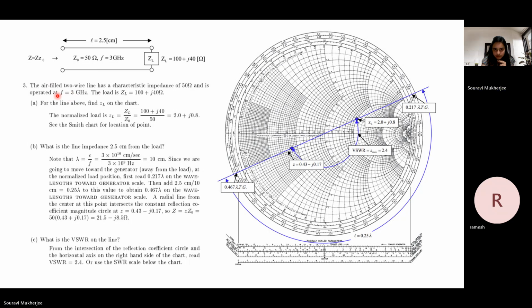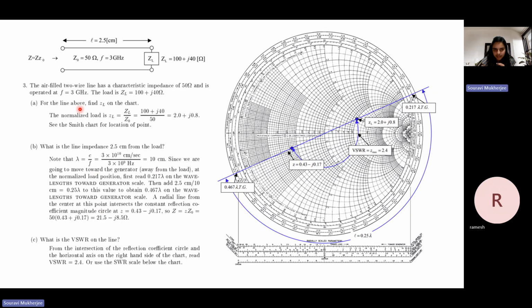So now because your signal is at 3 gigahertz, you can basically use this relation. This is the speed of light and this is f, which is the frequency. So from here, you can find the wavelength of your signal. Now, once you know the wavelength of your signal, you can change this length that is provided to wavelength units, right? So this will again be 0.25 lambda, right? Basically, writing this in comparison to the wavelength. So be careful about this information that would be provided in the question. Okay.